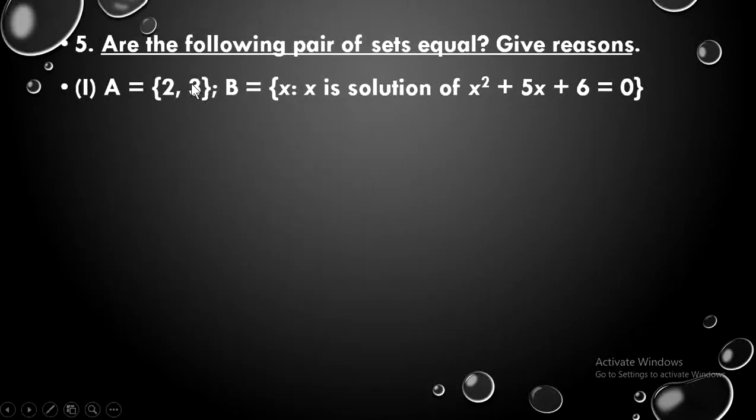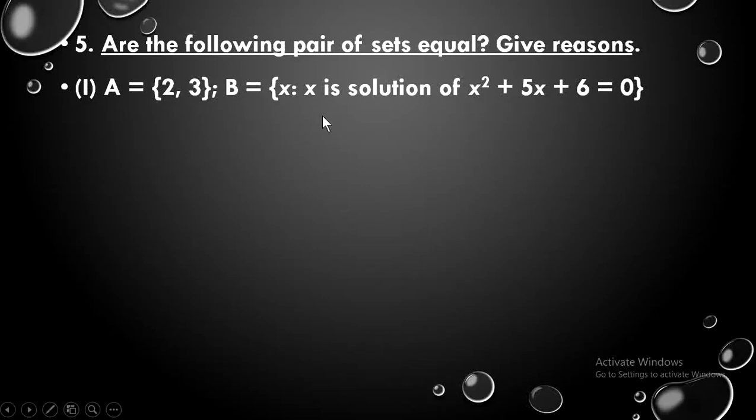Now next question asks you that are the following pair of sets equal, and also you need to give reasons for that. Now here there's a bit of a difference in this question. Now A consists of elements 2 and 3 and B is given as x is such that x is a solution of this equation, which says x squared plus 5x plus 6 is equal to 0. Now to solve this, first you need to find the answer of x from this equation.